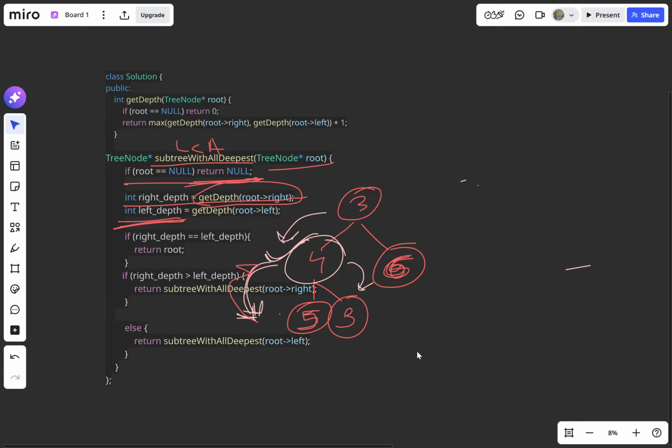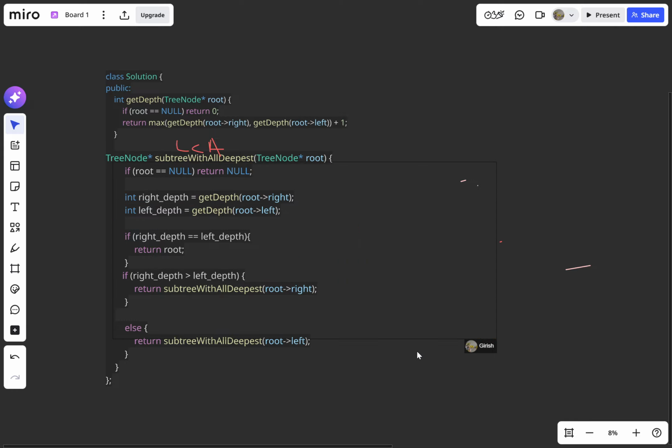Now it will return 1, only 1. So here we get the same depth for left and right, so we will return it as the answer.